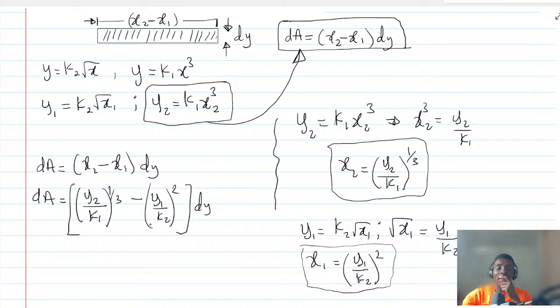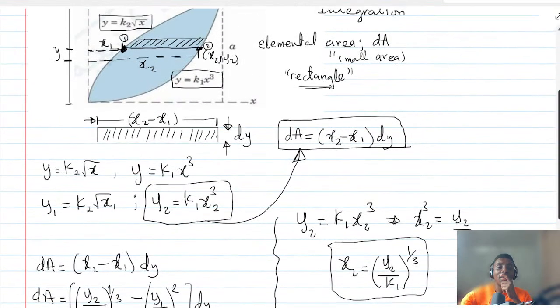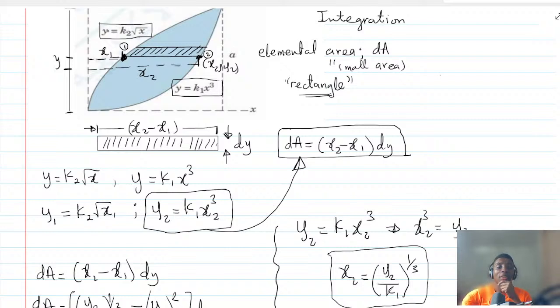But then actually, they are all in terms of y, not y1 and y2. I just did it so that you can understand where we are coming from.